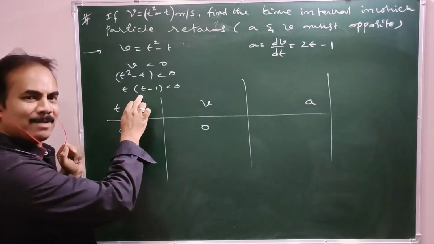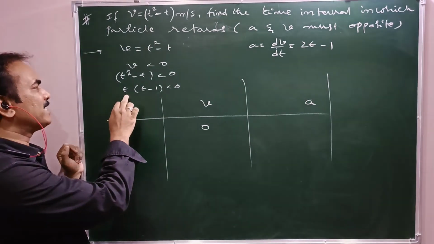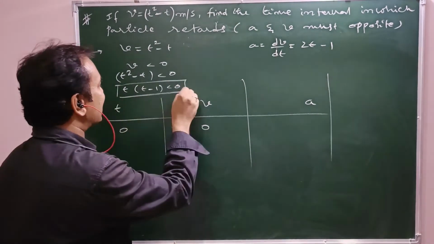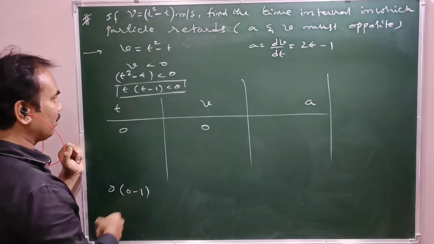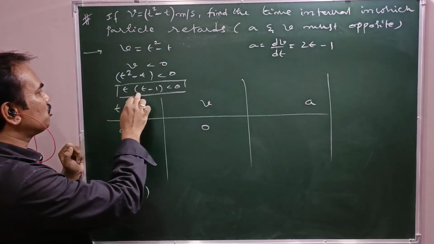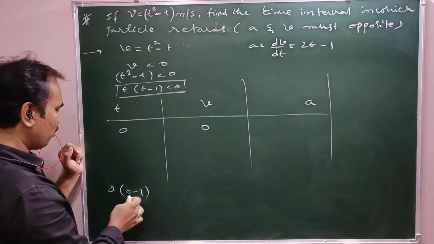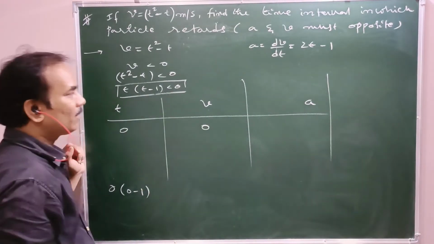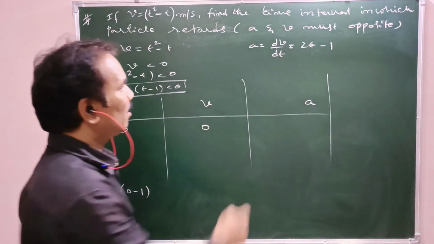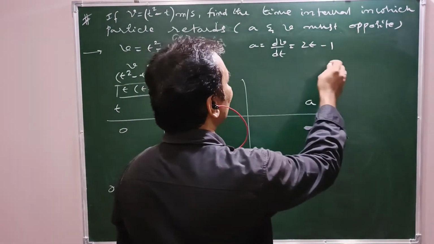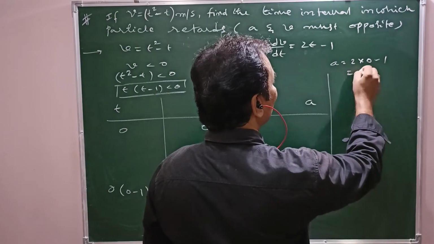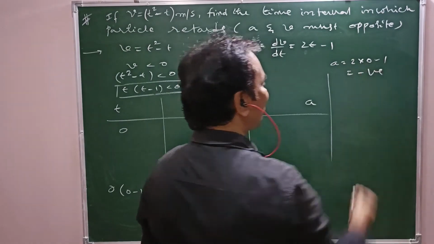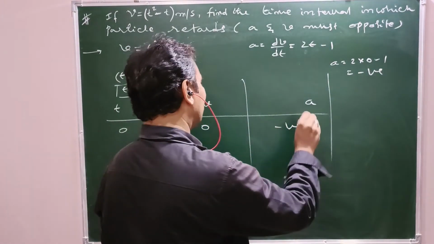Otherwise you can realize from the expression also, 0 into 0 minus 1, that is 0 into something, that is 0. Now what about acceleration? a equal to 2 into 0 minus 1, that is minus 1. Minus 1 means negative, so a is negative.